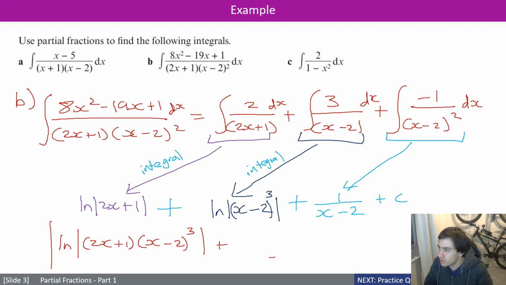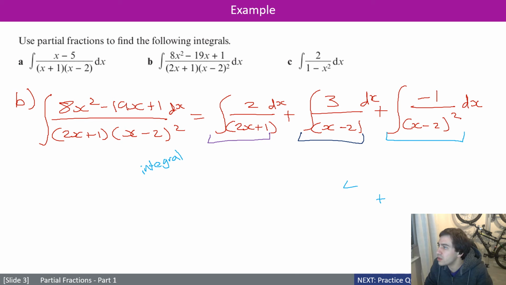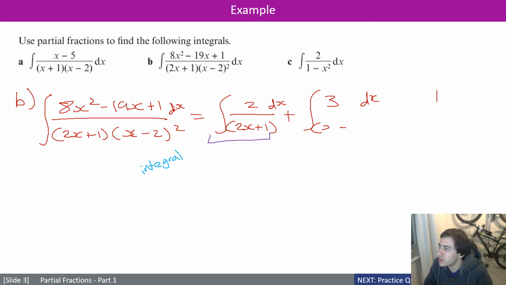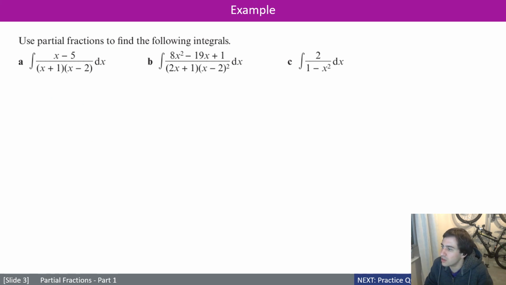So finally, let's do part C. Bit of a trick to that one. It looks like it's a single term on the bottom, right? 1 minus x squared for part C, but hopefully you can spot and immediately think to yourself, 1 minus x squared, that looks like quite a standard form, and it's actually just difference of two squares.